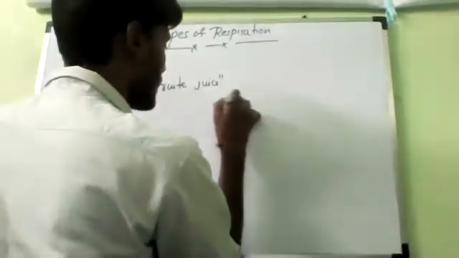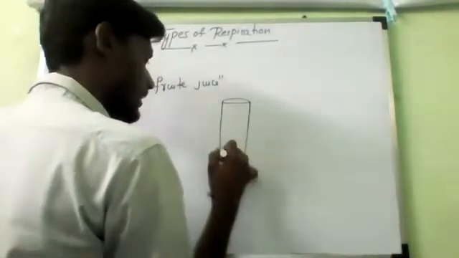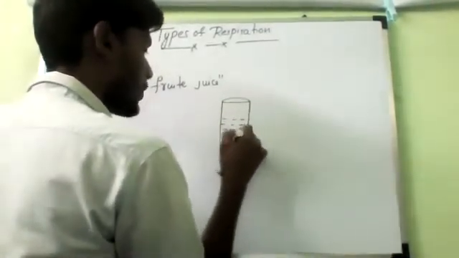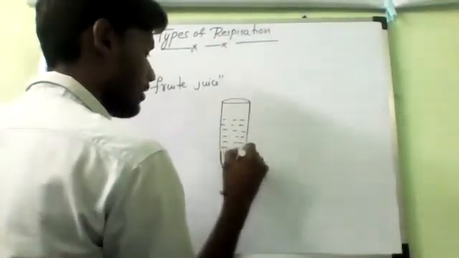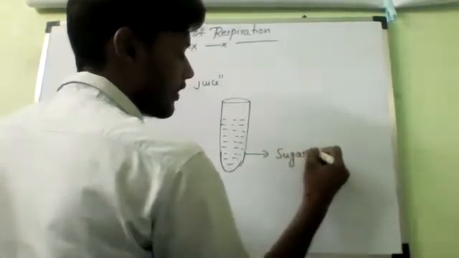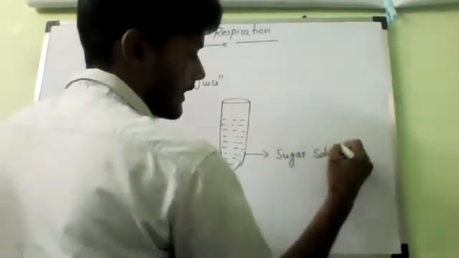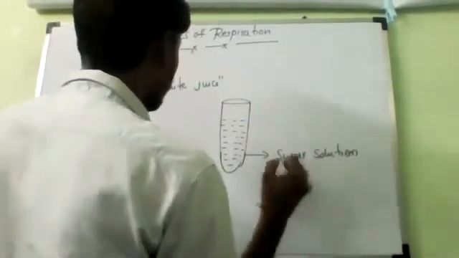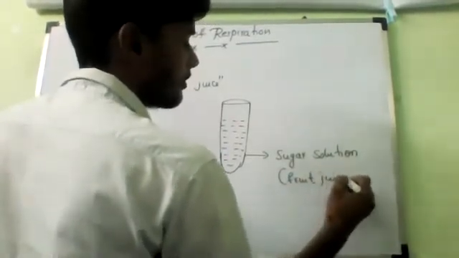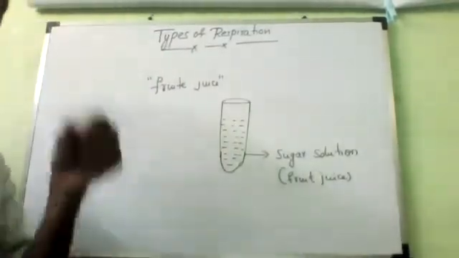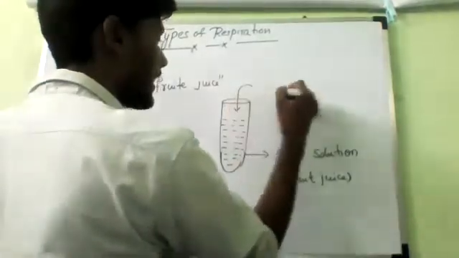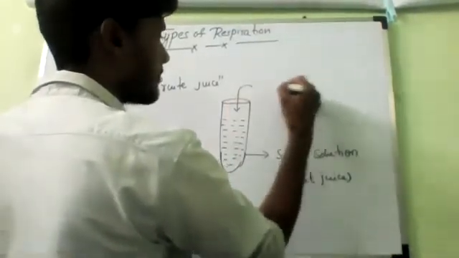If you have a small test tube, or a big one, you can pour any kind of sugar solution or fruit juice and add a little yeast. Yeast is available in the market.